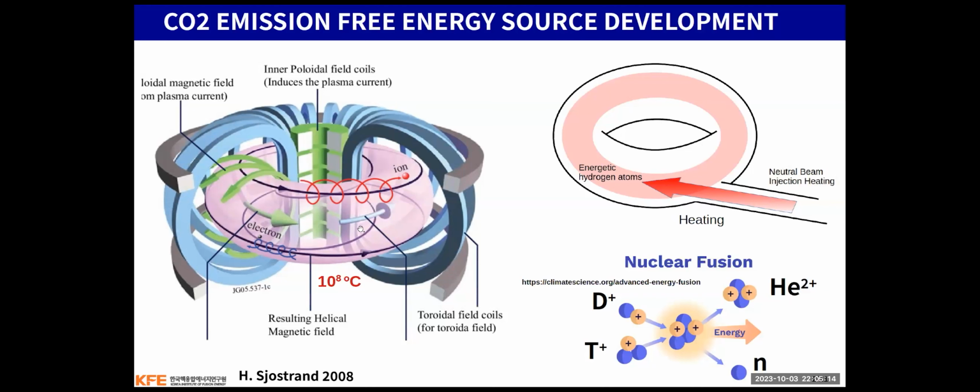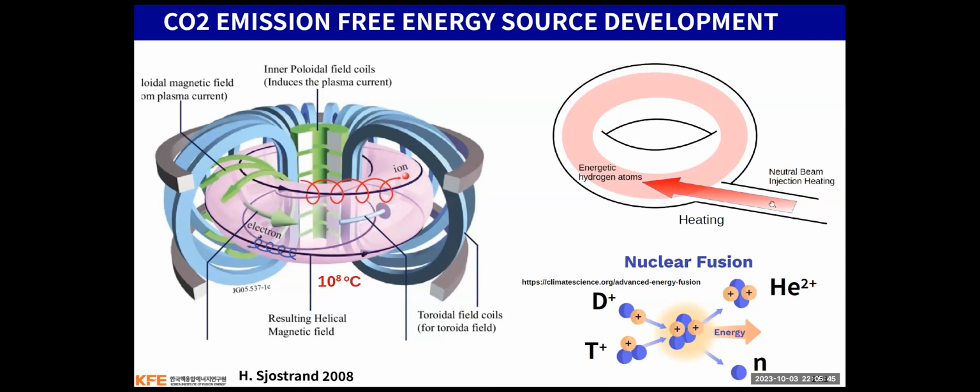To heat up to 100 million degrees, we need a heating device, and one of the heating devices is neutral beam injection heating. Neutral beam injection heating accelerates the deuterium ions to 100 kilo electron volts to 1 mega electron volt, and here the ions are neutralized by a charge exchange process.